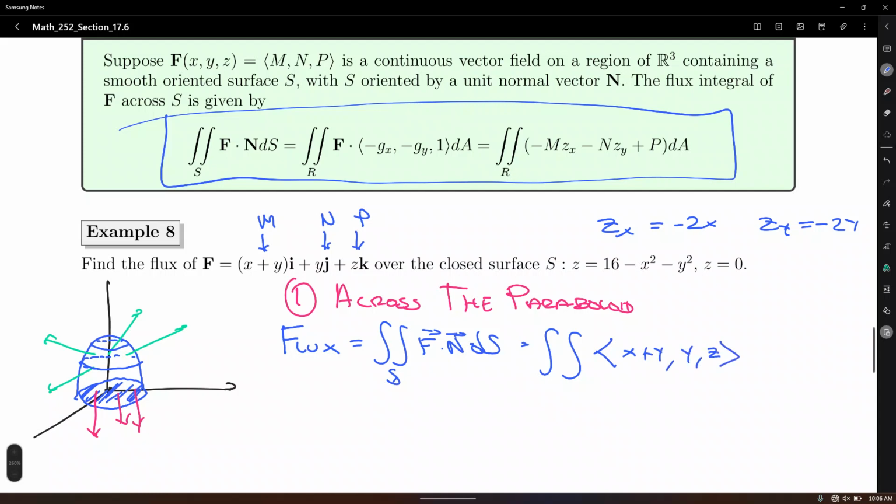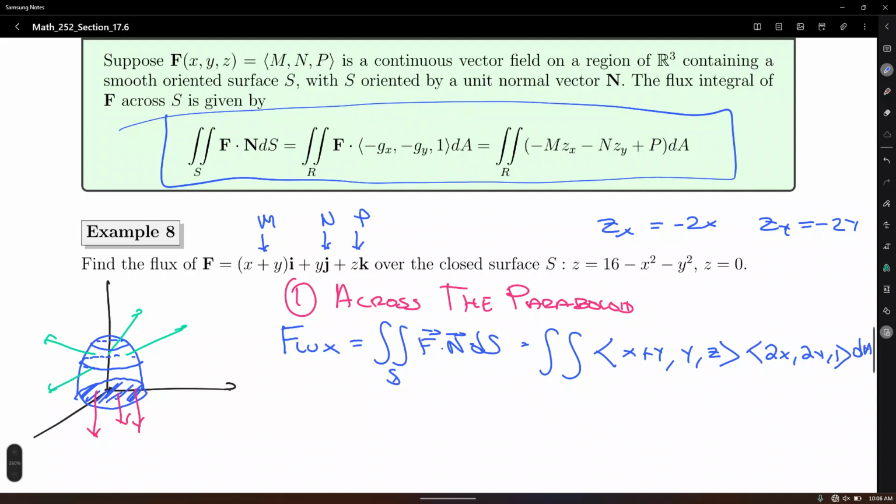How do we get the second vector? Be careful here, because this is the negative of the partial of the surface with respect to x. But didn't we get a negative partial? The negative from the integrand times the negative from the partial derivative becomes positive. Same for the y component, and z is always going to be 1.